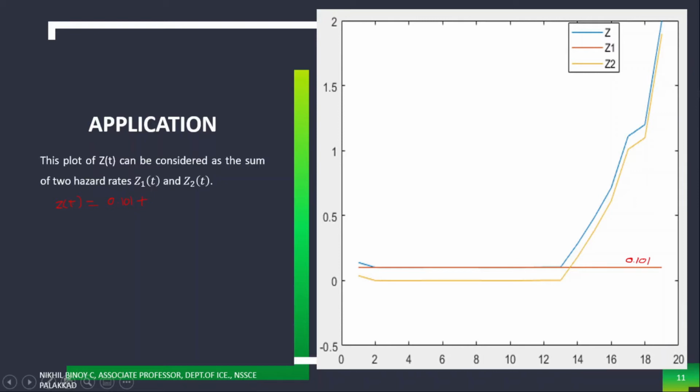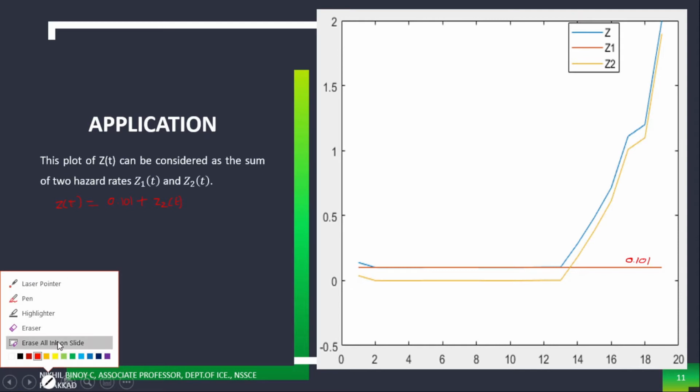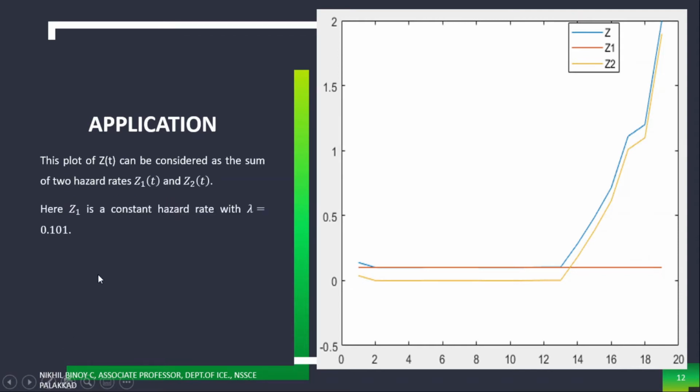Is it clear to all of you? So the orange colored one, we can write it as Z2 of t. Z of t is equal to 0.101 plus Z2 of t. Here I told you Z1 is constant, so lambda equals 0.101.